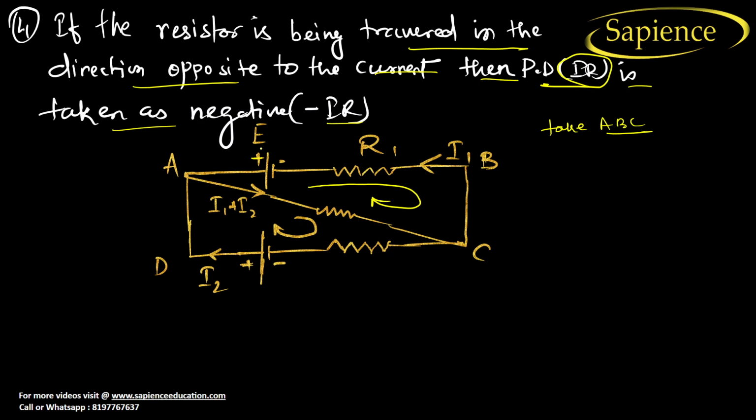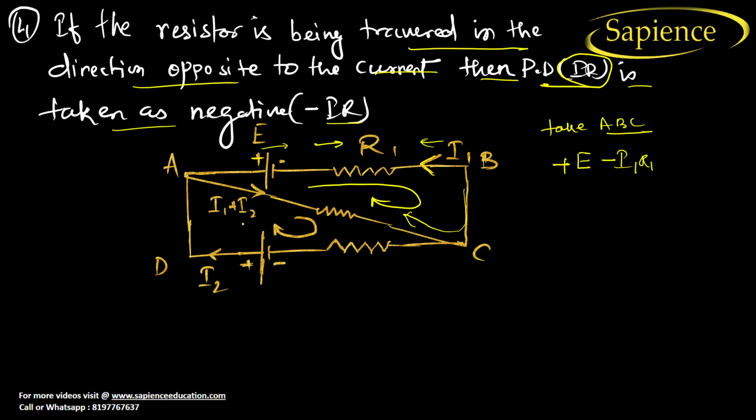I am going from positive to negative, so potential drop E will be taken as positive because we are going from positive to negative. Now see here, we are going in this direction, but the current is coming in the opposite direction. So it will be minus I1 into R1. Again, we are going in this direction.